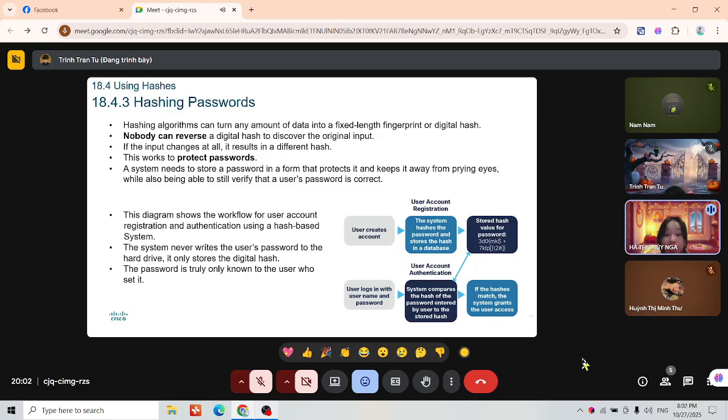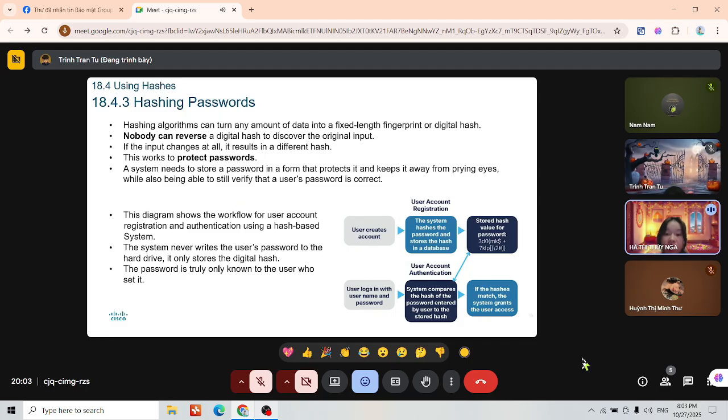Instead, it runs a hash algorithm that converts it into a unique hash value, like a digital fingerprint. This process is one way. It's impossible to reverse a hash back into the original password. And even a small change, like one letter, creates a completely different hash.